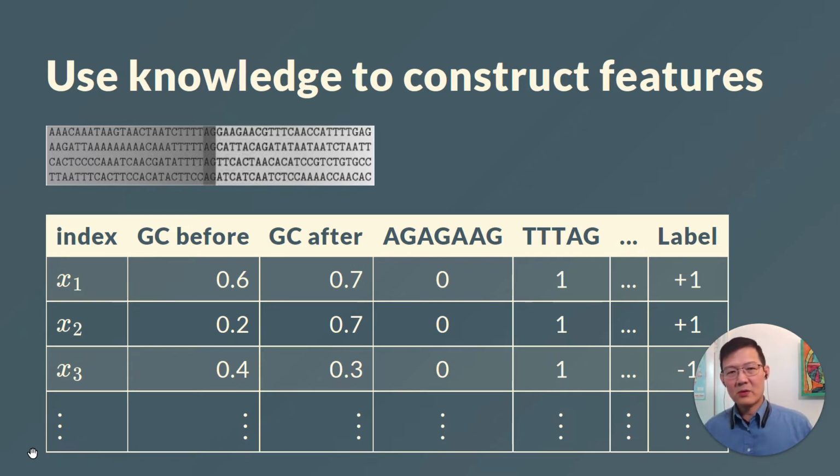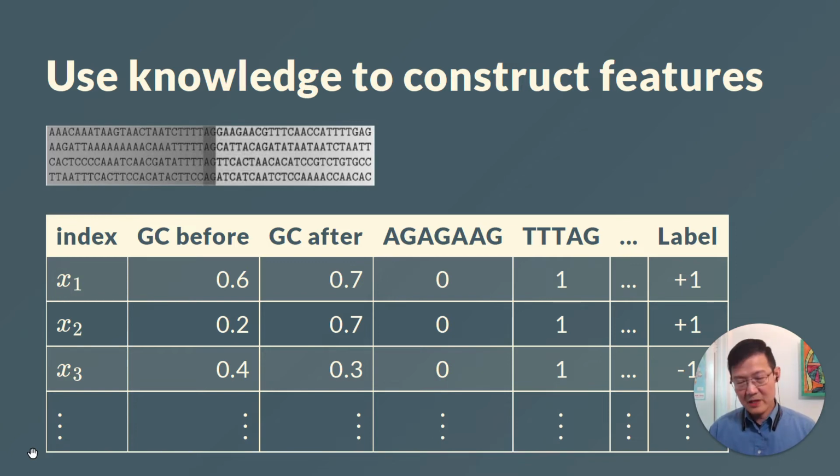Or you can look for some other sequence, and if you stare at the example that we have up there, just to the left of the AG, there's a whole bunch of T's, and you can say, oh, that's kind of interesting. So let's try and detect that feature, that motif. That's the column TTAG, TTTAG. And along with that, we have biological experiments that tell us whether this was truly a splice site or not, and we can use this as a label.